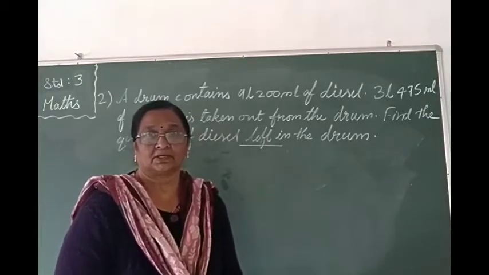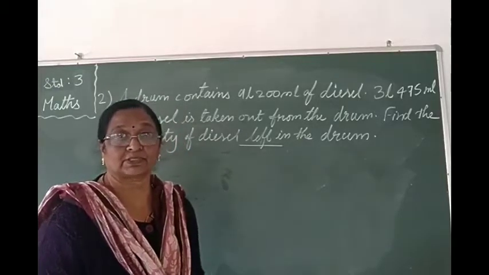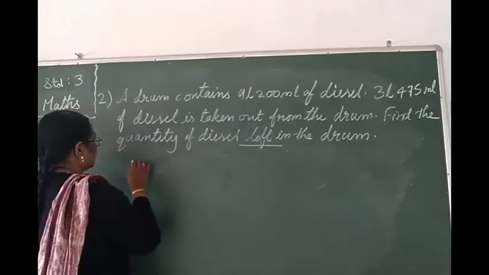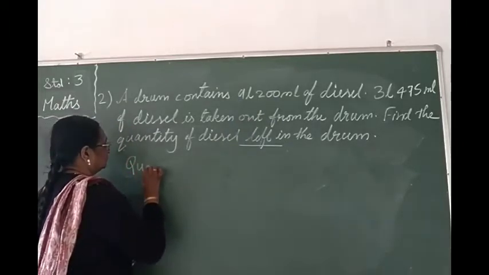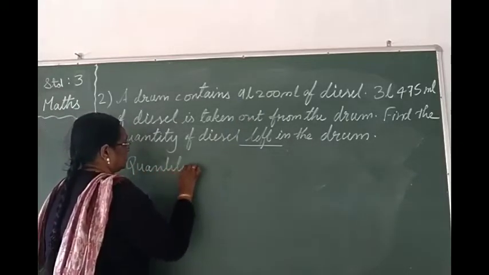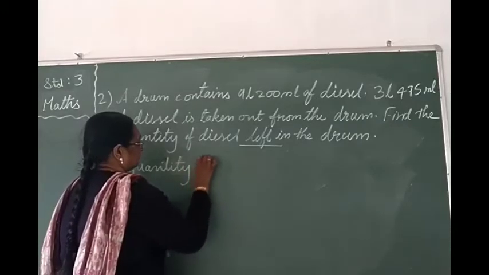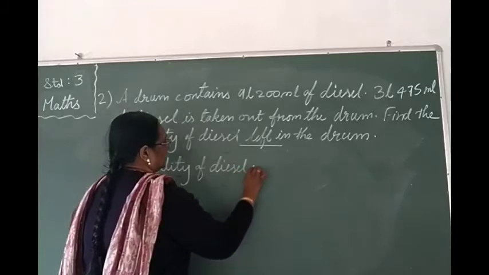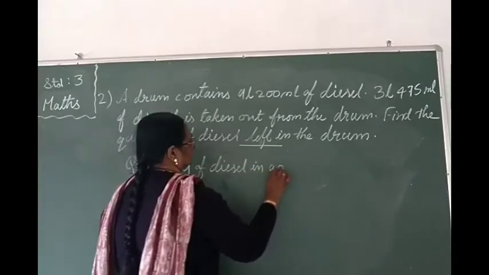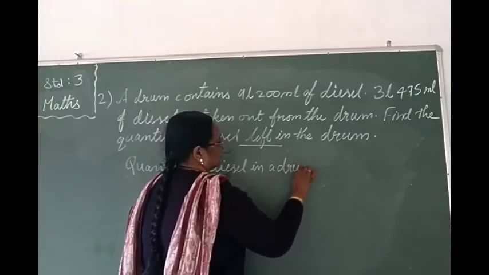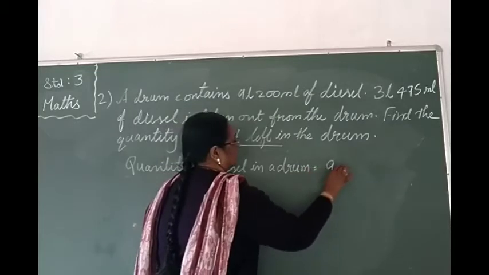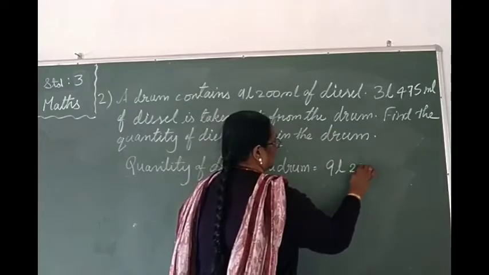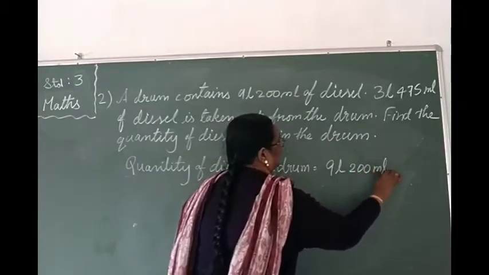Shall we start doing? Now tell me, what is the first statement? First statement is quantity of diesel in a drum. How much, children? 9 liters 200 milliliters.